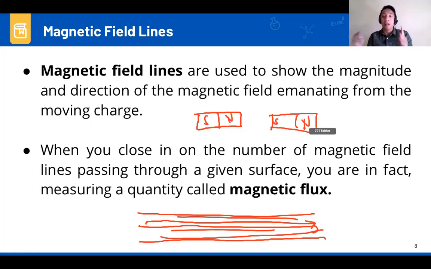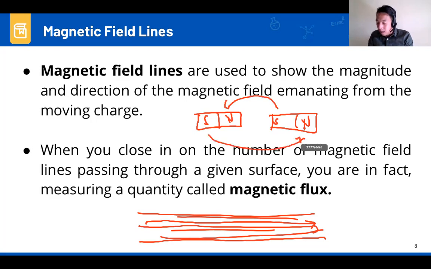Okay, remember, if we have different poles, they will attract. If we have the same poles, they will not stick together. Okay, they will not be attracted. They will repel. Okay, so here, this one is not the same as this. It's because this one is going here and this one is going there.